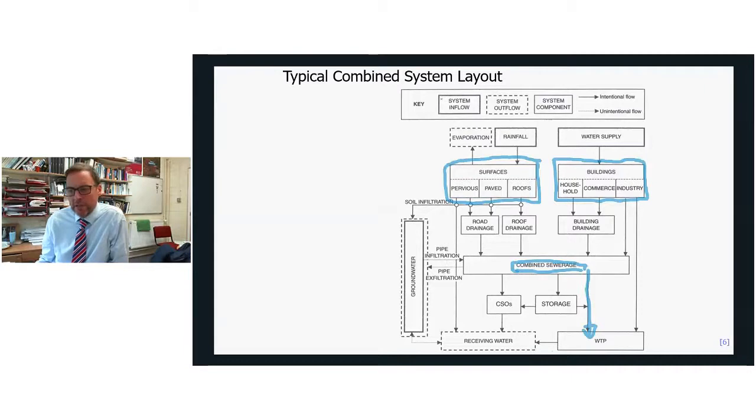Now, some of it during excess flows might go to CSOs and onto receiving water. So obviously that's not really what we want, but they're there because, remember, the alternative to the CSOs is that we have flooding on the surface of the catchment, or we have to spend a lot of extra money making the pipe network even bigger, adding more storage to reduce the CSO spills, which in some instances is worth doing, but sometimes it can be quite expensive, especially if they're dealing with really rare or unusual events.